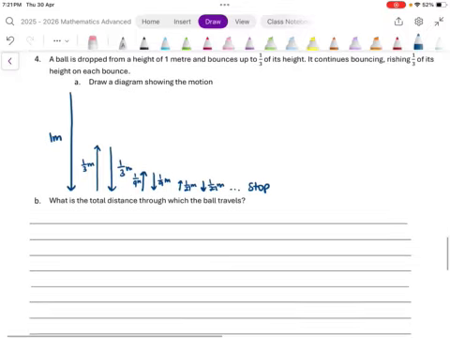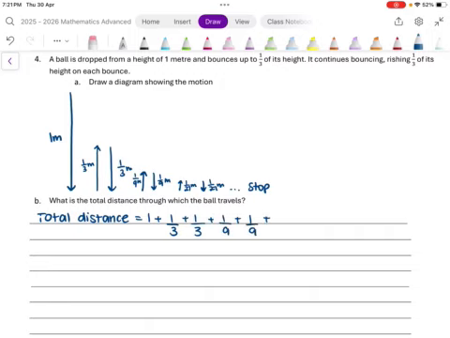What we want to do in our part B is we want to work out our total distance. So our total distance is going to be that it travels 1 meter plus 1/3 plus 1/3 plus 1/9 plus 1/9 plus 1/27 plus 1/27 plus ... Okay, what you'll notice here is we have 1 plus we have 2 lots of 1/3 plus we have 2 lots of 1/9 plus we have 2 lots of 1/27.